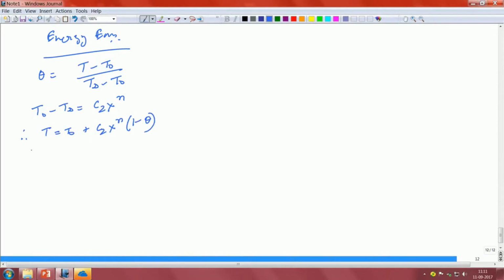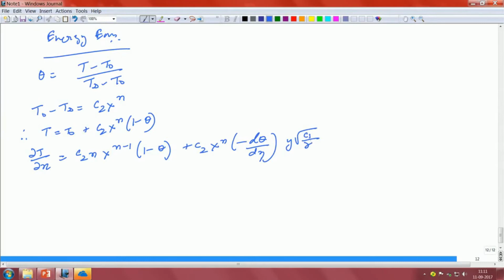So, dT by dx is equal to C2 n x to the power of n minus 1 into 1 minus theta, plus C2 x to the power of n minus d theta by d eta into y C1 by gamma, m minus 1 by 2 x to the power of m minus 3 by 2.